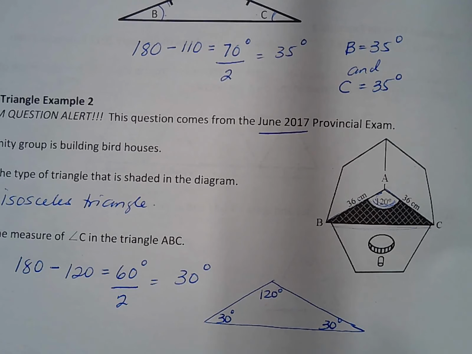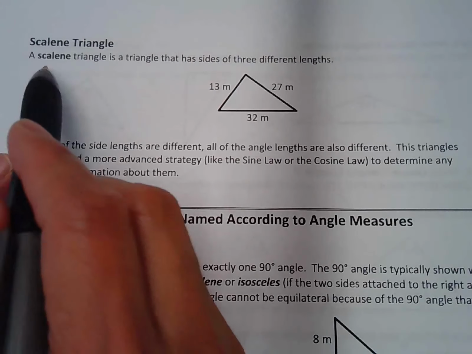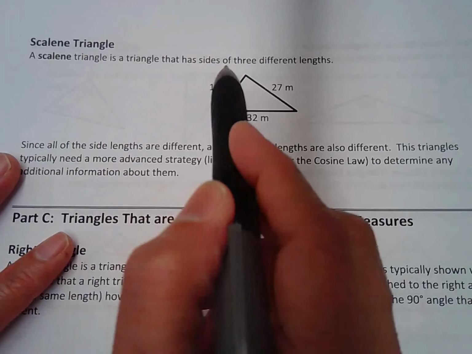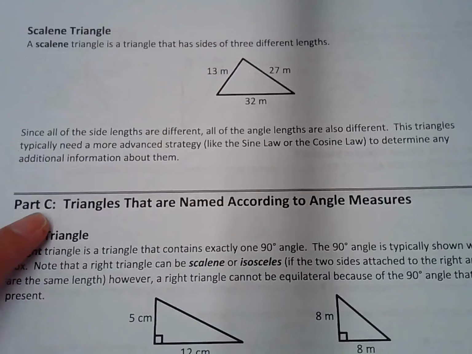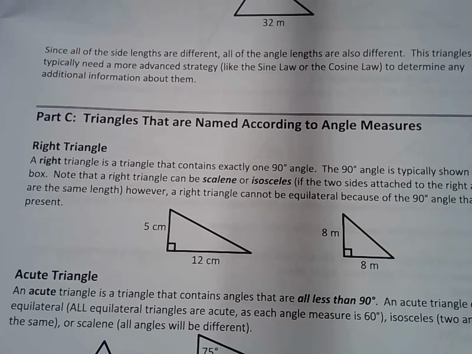Okay, so we talked about 3 sides that are equal. We figured out the name of the triangle that has 2 sides equal. Now what about the triangle that doesn't have any sides equal? That's called scalene. A scalene triangle is a triangle that has 3 different lengths. If they have 3 different side lengths, that means they have 3 different angles. Since all 3 side lengths are different, then all of the angle measurements are also different.